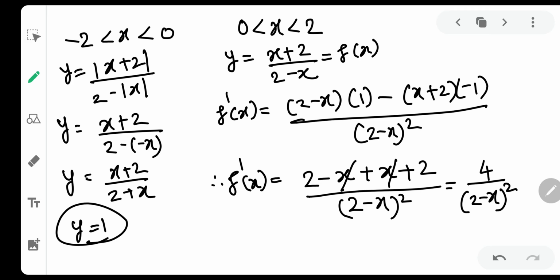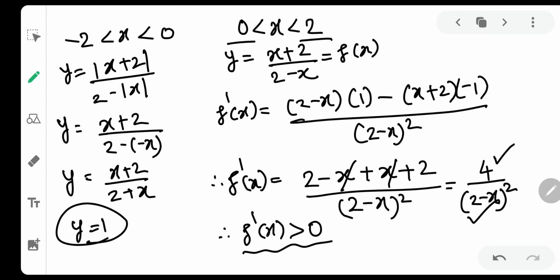Okay, now whatever is the value of x between 0 to 2 that you put, the numerator is always positive and the denominator is always positive because it is square. Therefore f dash x is actually greater than 0. Hence between 0 to 2 the function is increasing. So the graph of the function will be going up.